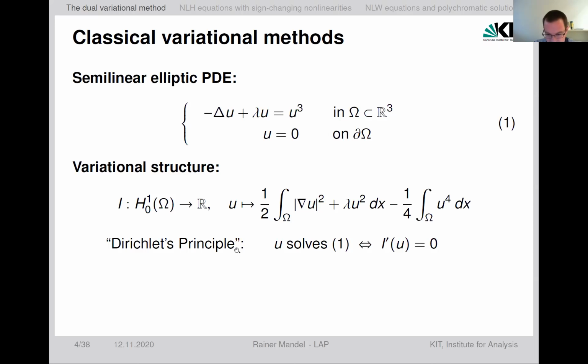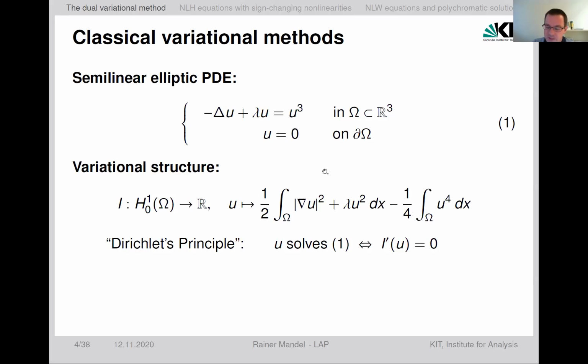Here, I did not make precise what a solution means. Typically, one is interested in weak solutions or classical solutions. If omega is regular enough, so if the boundary of omega is smooth, then all these notions coincide.